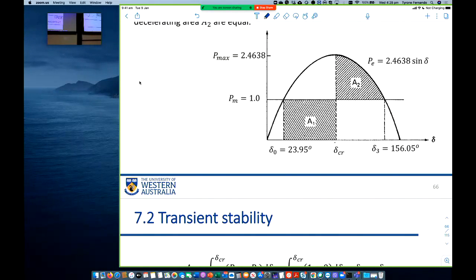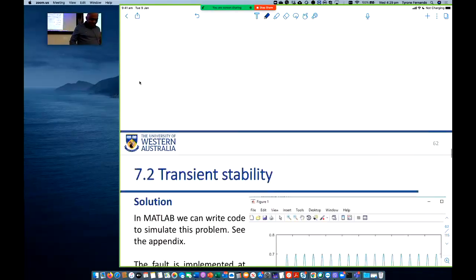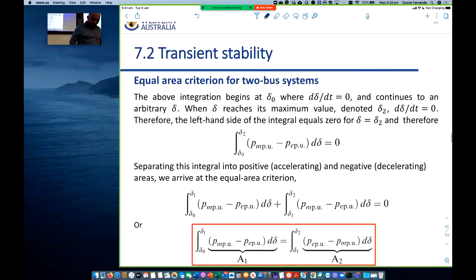If it's going past delta 3, then it's not going to come back. Yeah, we'll get to that.